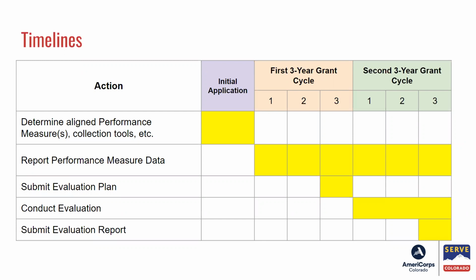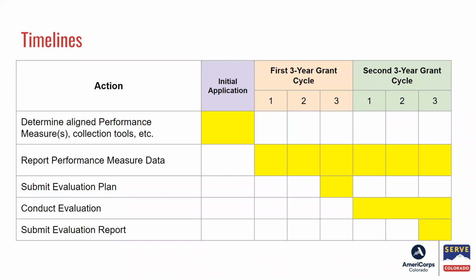And you'll see here that we and AmeriCorps both need your data. Are you meeting your targets on your performance measures, on your outputs, on your outcomes? Are you exceeding them? Are you below them? And are you able to provide a rationale about why you may or may not be meeting your targets?